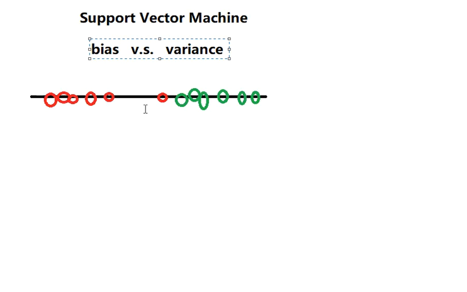So that's basically the problem of bias versus variance, and support vector machine is a way to optimize our solution for those kinds of classification problems.